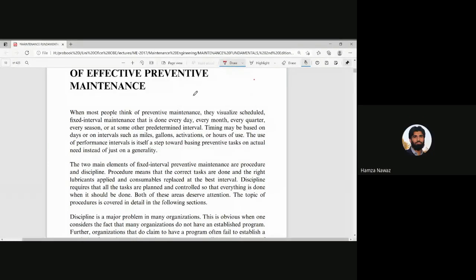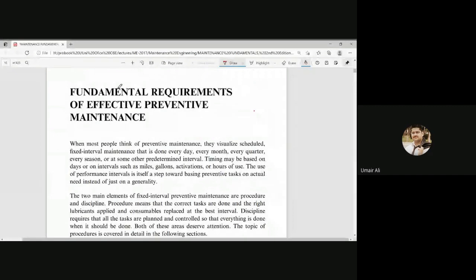Yes, sir. Okay. So the main theme of our previous lecture was the fundamental requirements of an effective preventive maintenance program. What are the fundamental requisites for designing an effective preventive maintenance? So this was the initial step, which comes as a prerequisite.